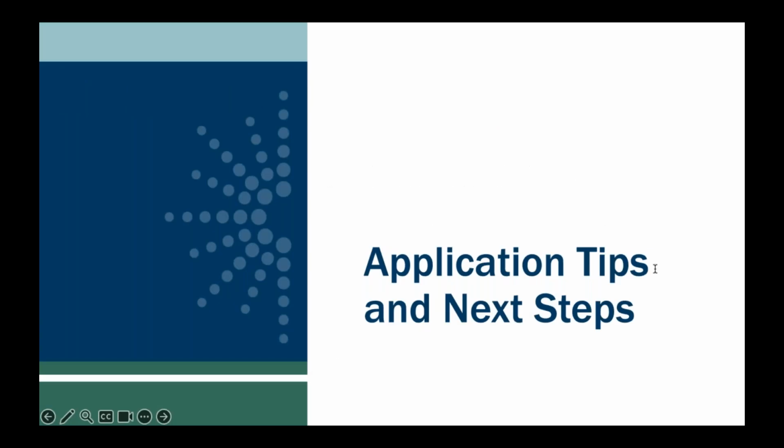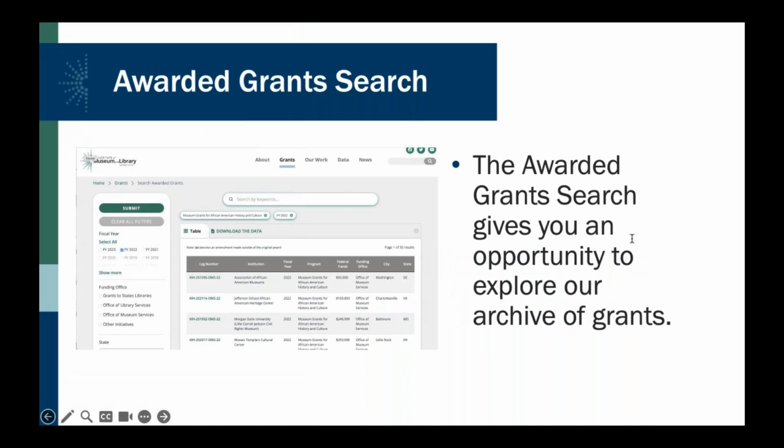In this final section of our presentation, we offer some application tips and next steps. We want to share with you the places to look for more information, such as the IMLS website, where you can find the awarded grant search to learn more about the projects we have funded through the AAHC grant program.